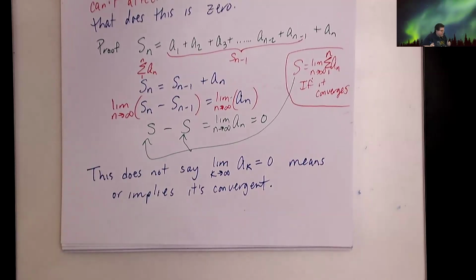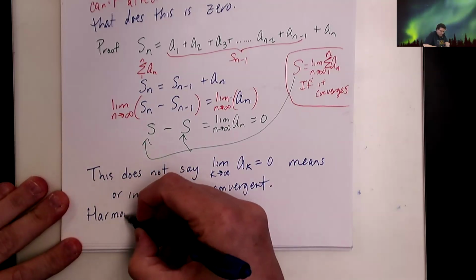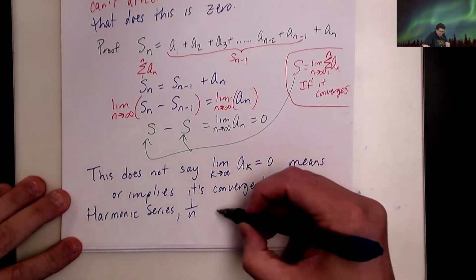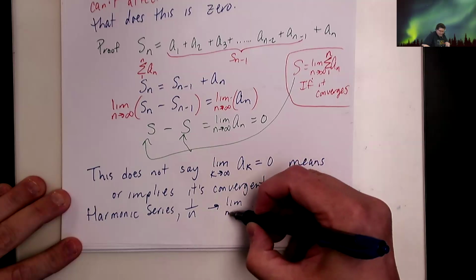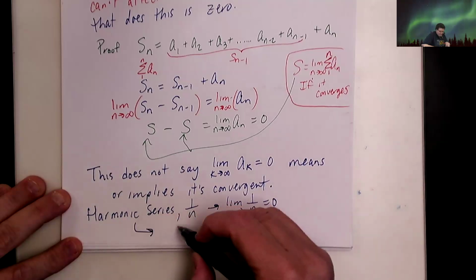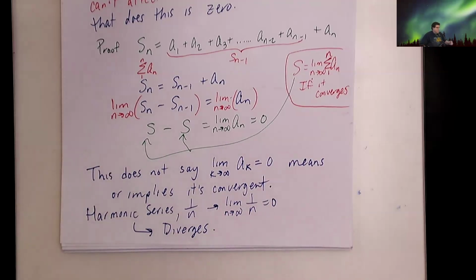We saw last week the harmonic series. The harmonic series 1 over n. Well, the limit as n goes to infinity on that does equal 0, but the harmonic series diverged. So the limit equaling 0 doesn't guarantee convergence, but convergence guarantees the limit is 0.